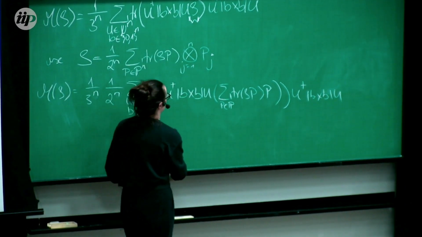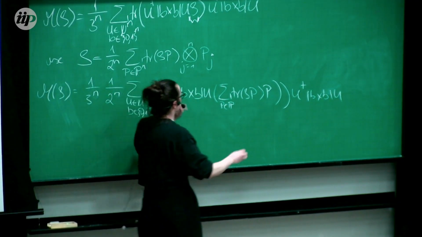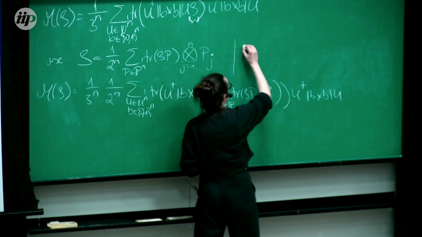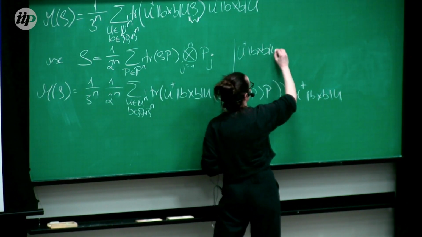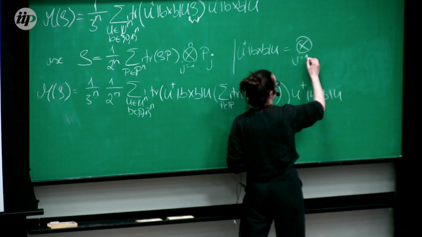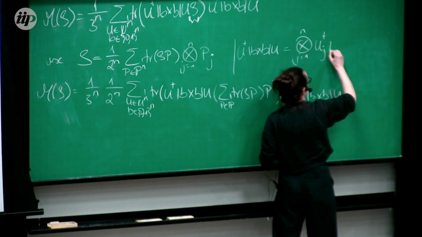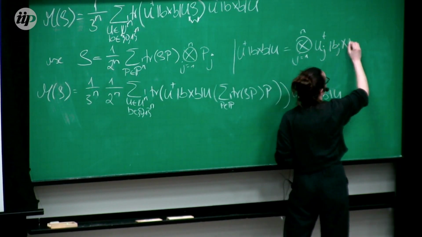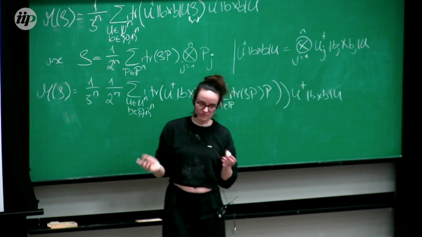All right. Now we can use what I just wrote here, and we can use something else, namely that this |b><b|, U is actually just local unitaries and local ket vectors. So this is |b_j><b_j|, U_j. Good.